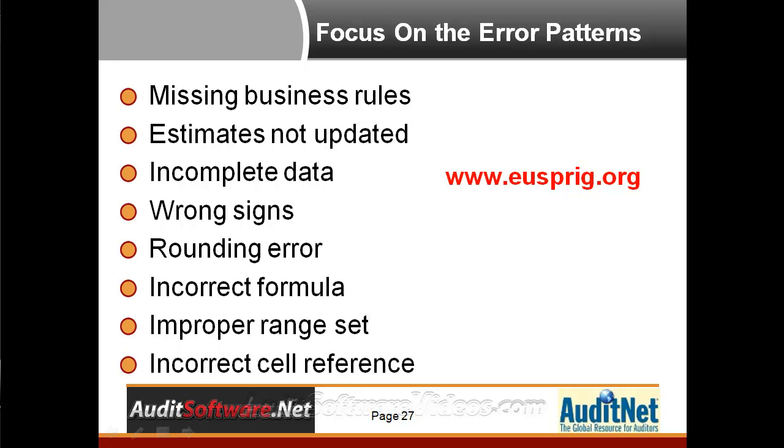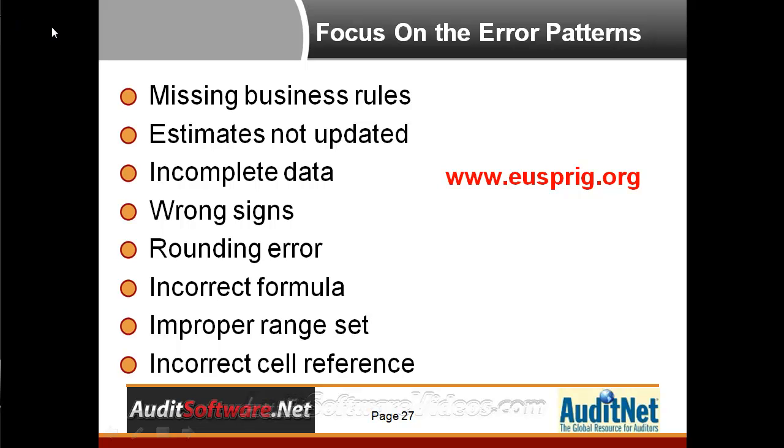That happens a lot. There could be rounding errors, incorrect formulas, maybe even a range where you thought you were setting up a range of data, and then that range really should have been set up for a much wider range of data. It could even be an incorrect cell reference where you thought you were selecting cell B1, and you did select B1, but B1 was blank and it should have had information in it.